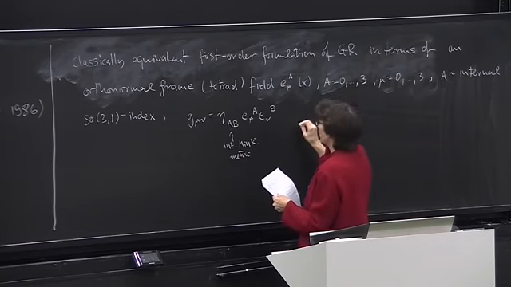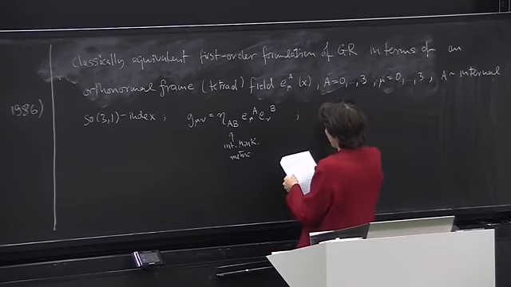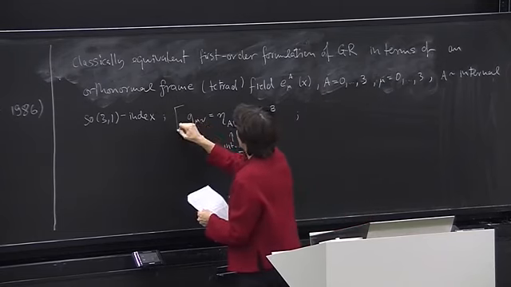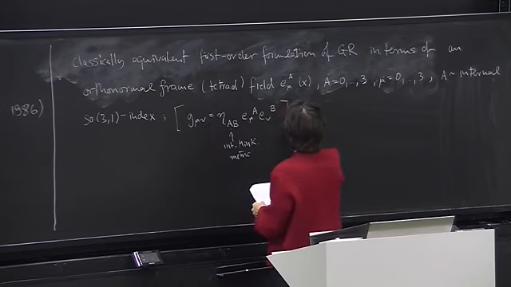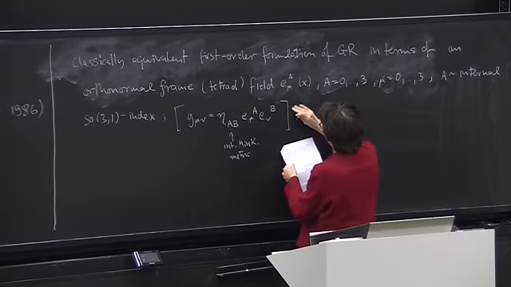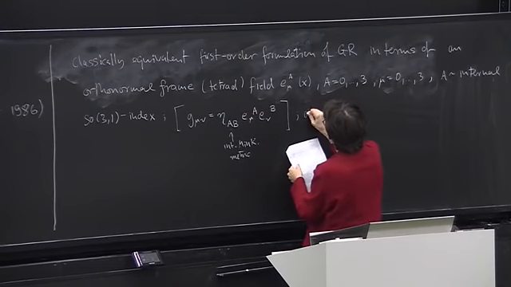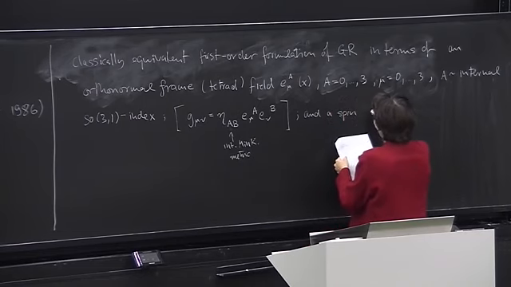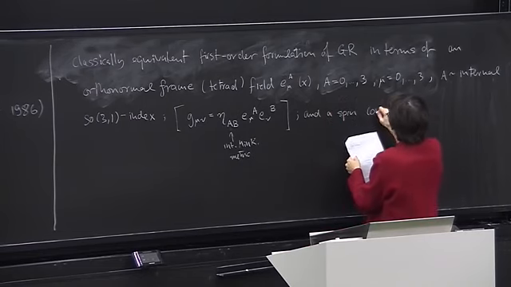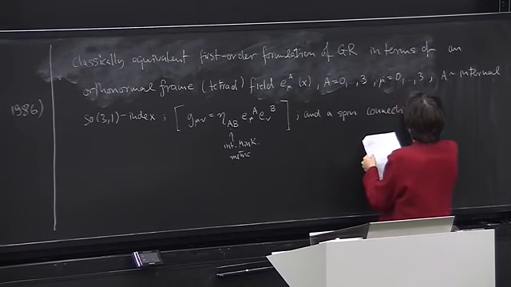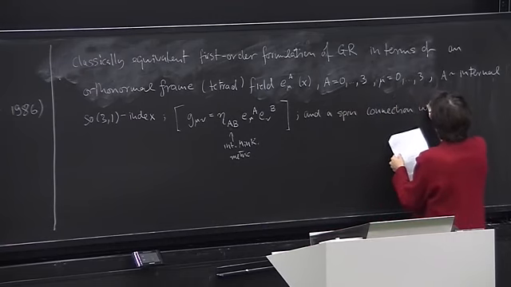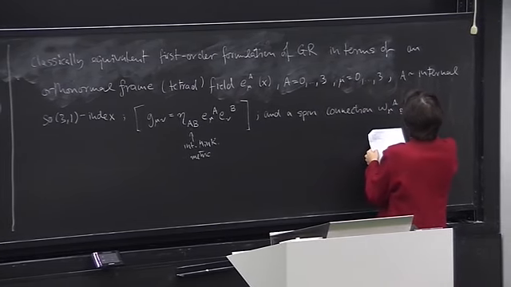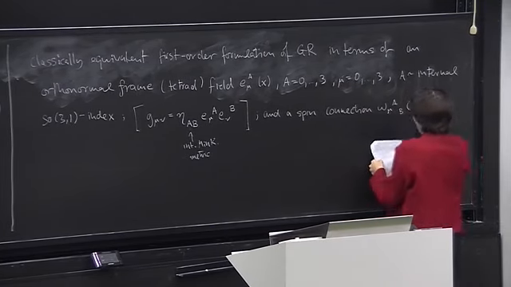And what else do we have? The spin connection of the frame field. Whoops, so this is an aside. A spin connection, omega mu AB of x.